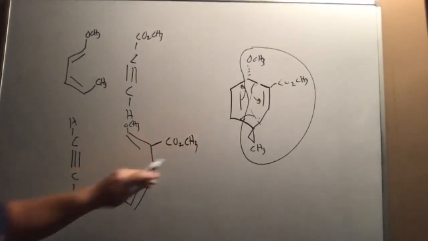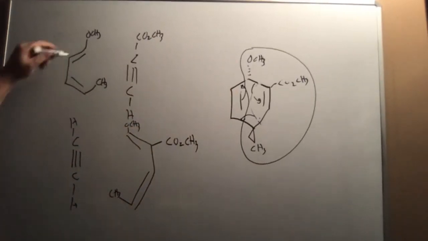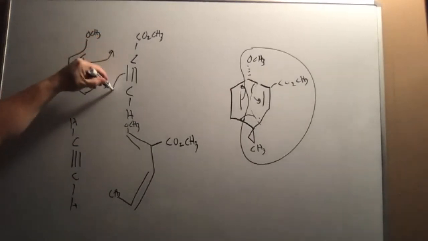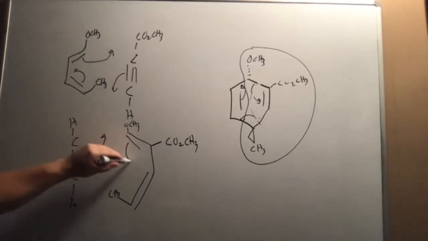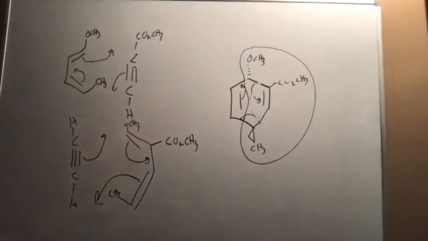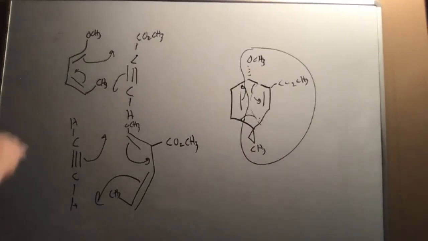Now, both of these theoretically would give you that same product. Notice if I just move my electrons around, I'm going to get the same product either way. The question is, is the top method better or the bottom method?